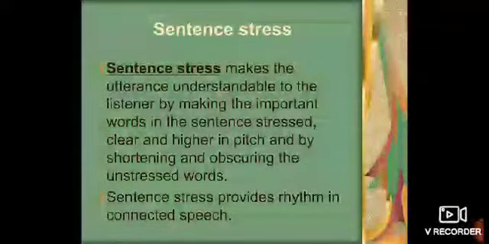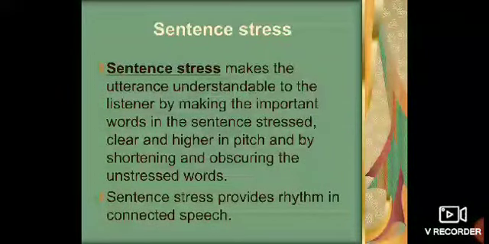So, sentence stress. Sentence stress makes the utterance understandable to the listener by making the important words in a sentence stressed, clear and higher in pitch, by shortening and obscuring the unstressed words.